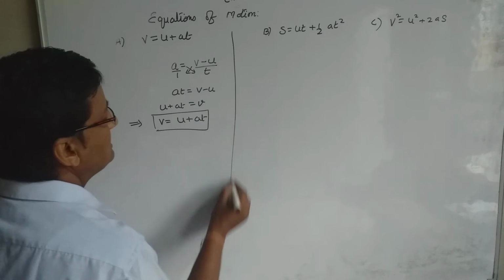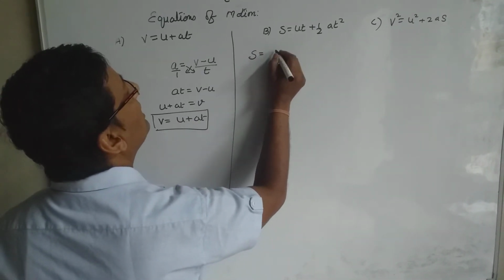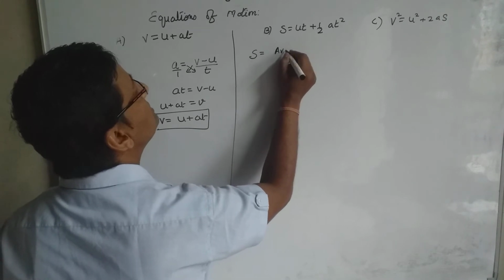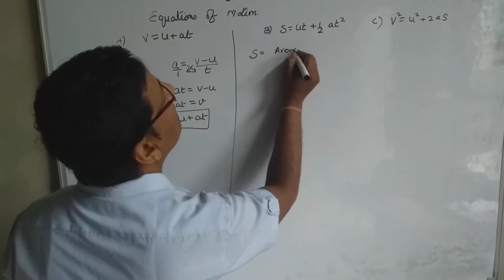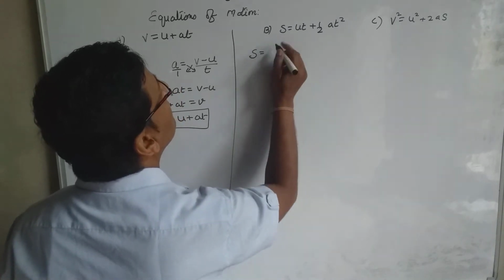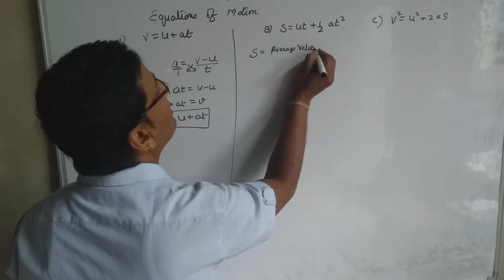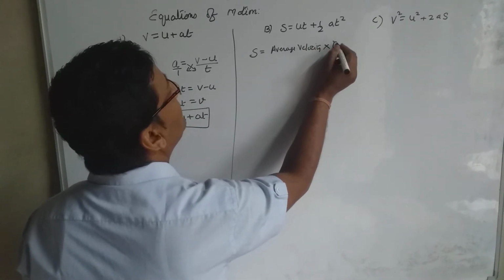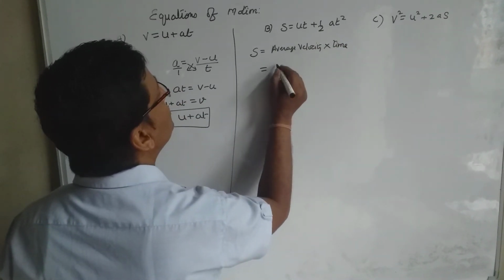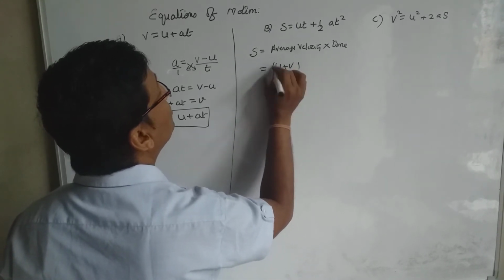Now let us discuss the second equation of motion. We know that distance is given by average velocity multiplied by time, that is, U plus V upon 2 into time.